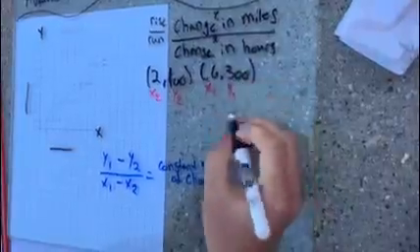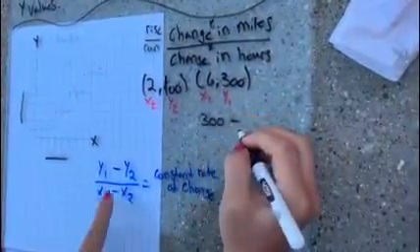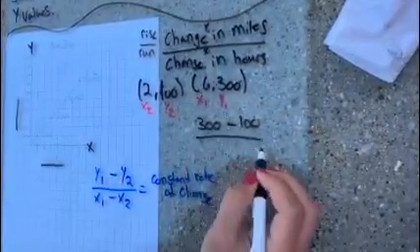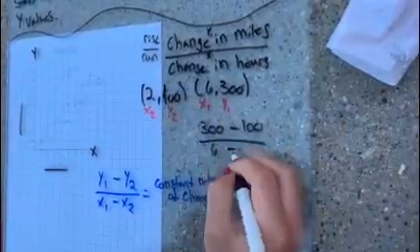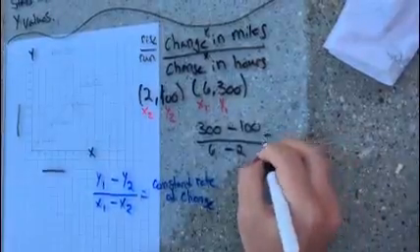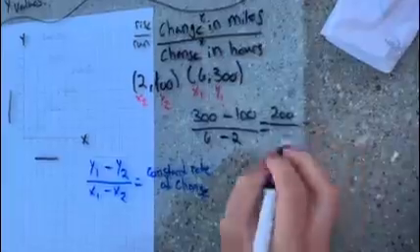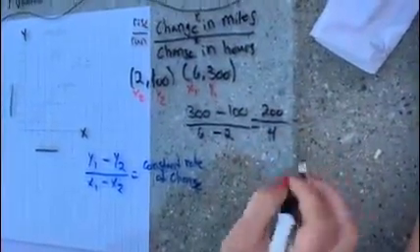So y1, which is 300, minus our y2, which is 100, over our x1, which is 6, minus our x2, which is 2. So 300 minus 100 is 200, and 6 minus 2 is 4.